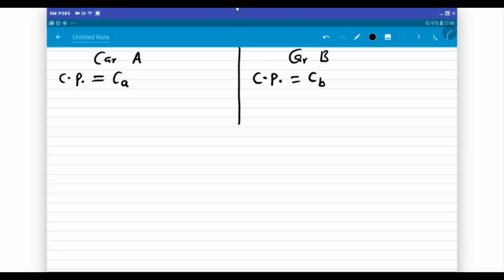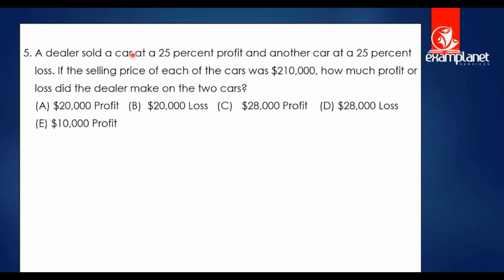Okay, now the question says that each car was sold at $210,000. So that means the selling price for the first car, $210,000. The selling price for the second car, $210,000.